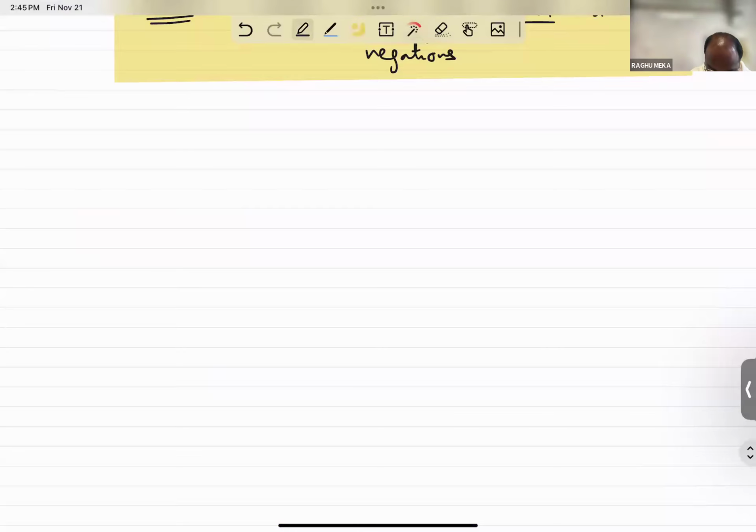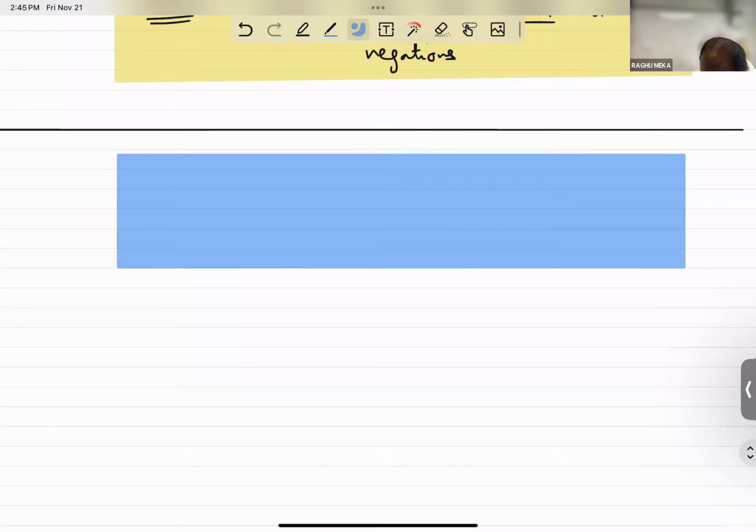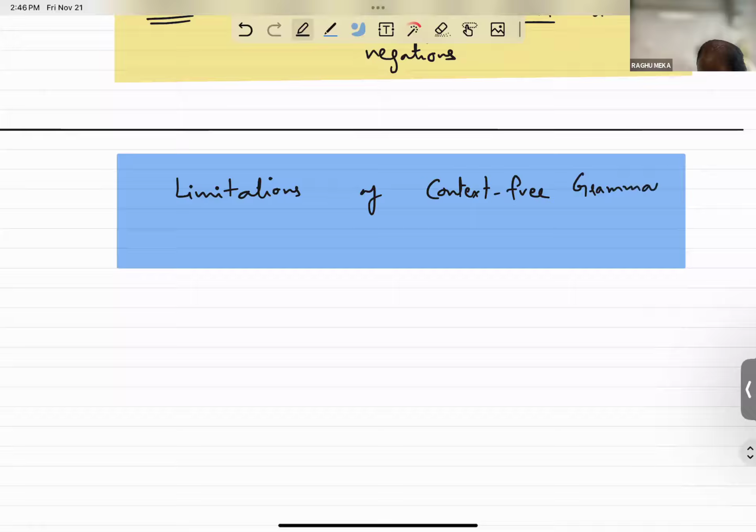All right. So how do we prove or get a handle on the limits of context-free grammars? It turns out we can kind of do it by an approach very similar to DFAs.